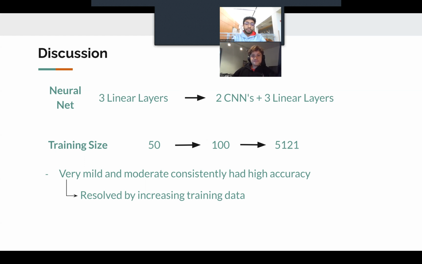The last problem we had was that the very mild and moderate classes consistently had a high accuracy, with the other 2 classes having significantly lower accuracy. That issue was also resolved by increasing the training data that was used. One additional thing I wanted to mention was that we had a training and testing split of 80-20, which is a pretty standard training test split used in machine learning models.